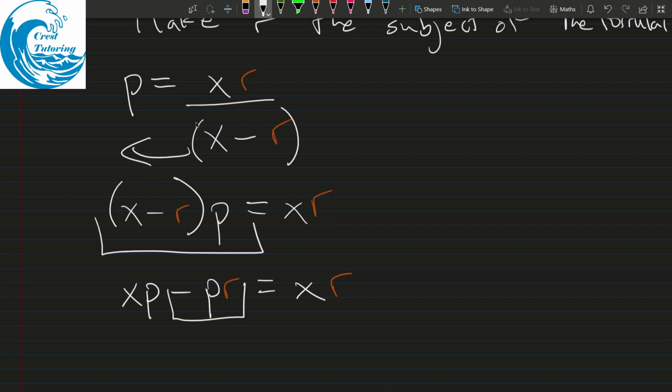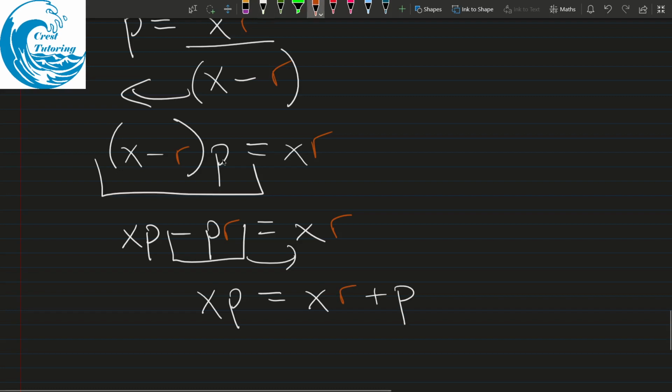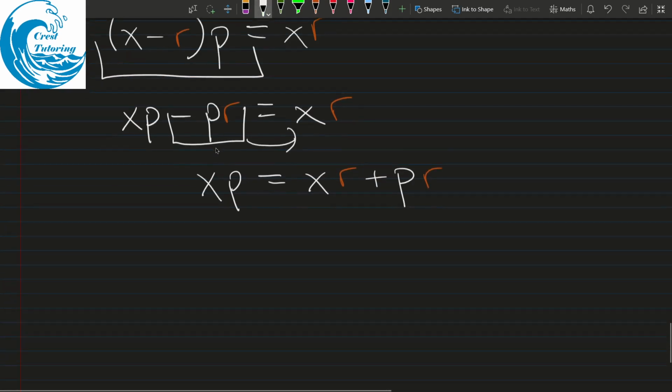Next I'm going to bring this across to here to join the other xr. So now we have xp equals xr plus pr. So now this one is starting to look very similar to our factorizing one from earlier.